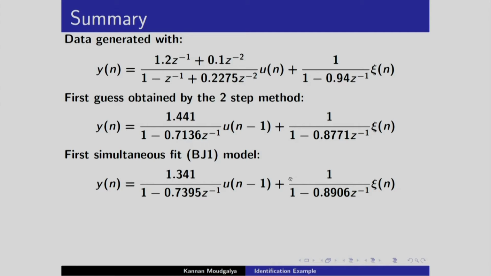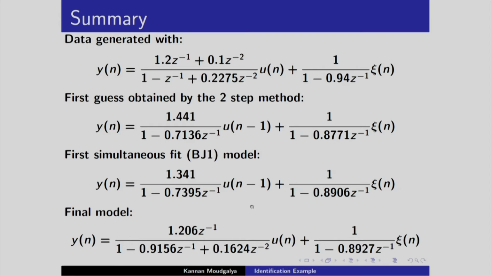Then we fitted it simultaneously, we called it the BJ1 model, and we found that ACF was an impulse but CCF was not 0. So we increased the order of this and we obtained the final model. This gave ACF to be an impulse and CCF to be 0. So this is the final model.